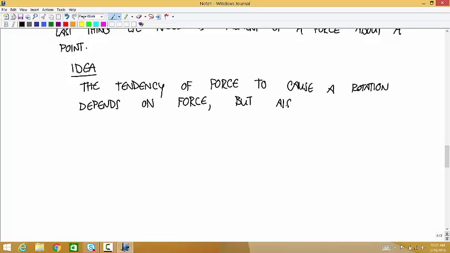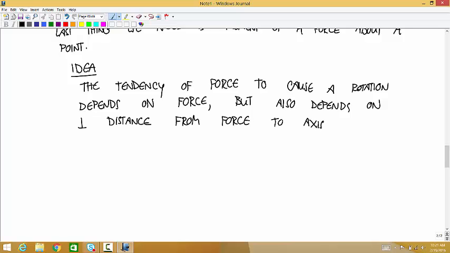But it also depends on the perpendicular distance from the force to the axis of rotation.